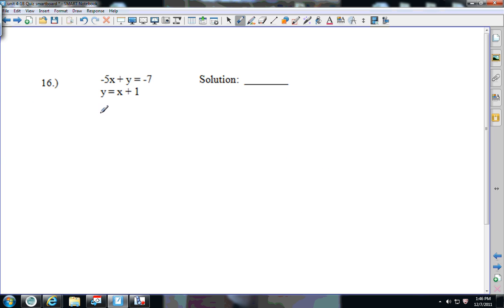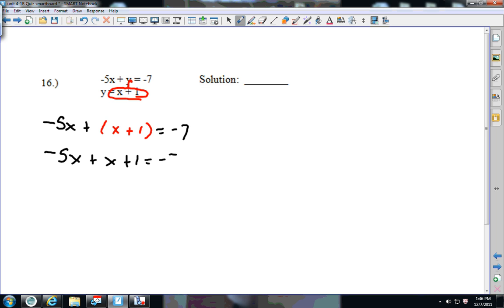Next, right here, this is what y equals, and I'm going to take this and put it in here for y. I have negative 5x plus, well, I have x plus 1 equals negative 7. Well, there's no number here. It's a positive 1 in front of the parentheses, so really I just have negative x plus 1 equals negative 7.